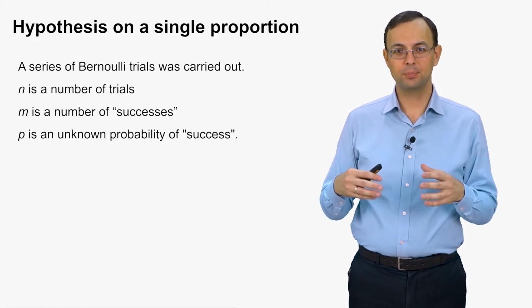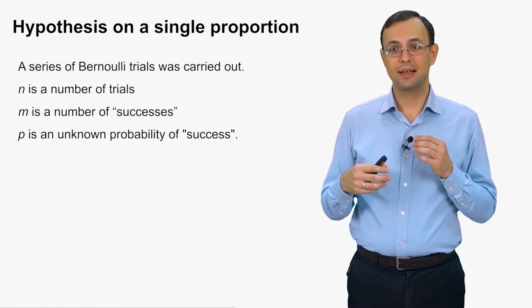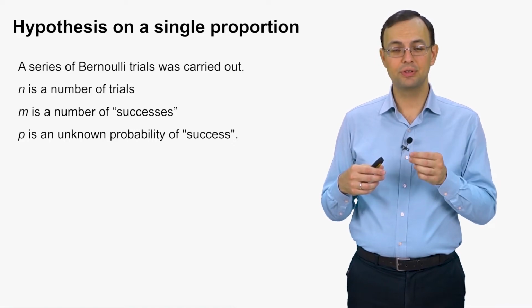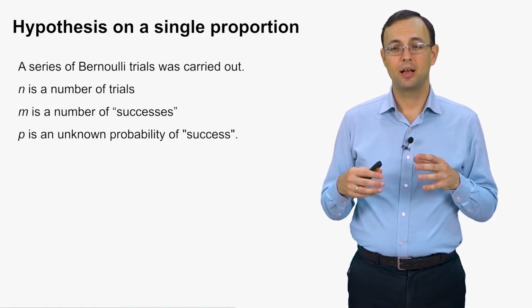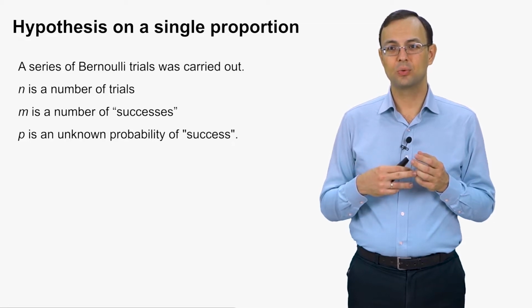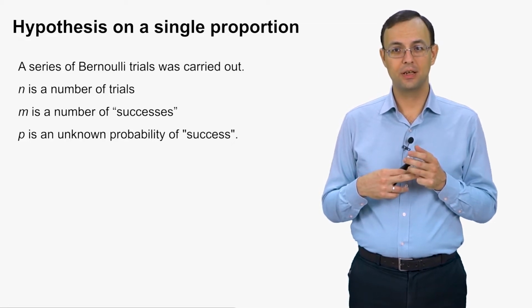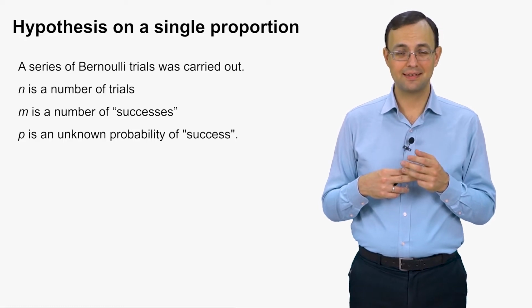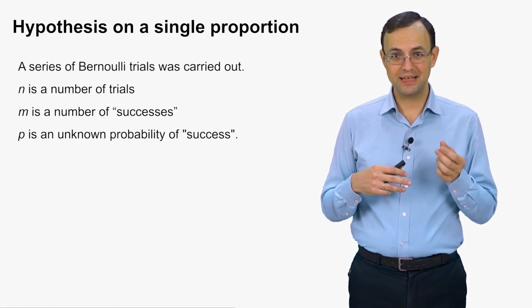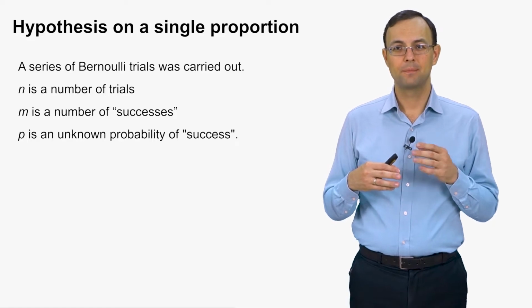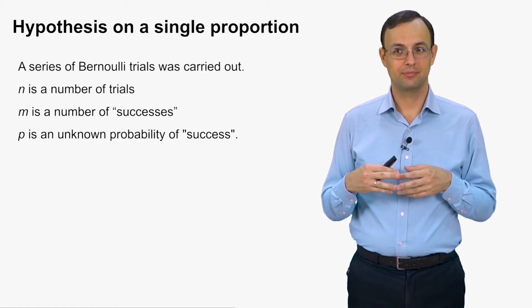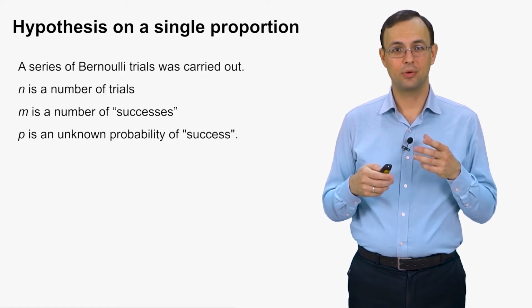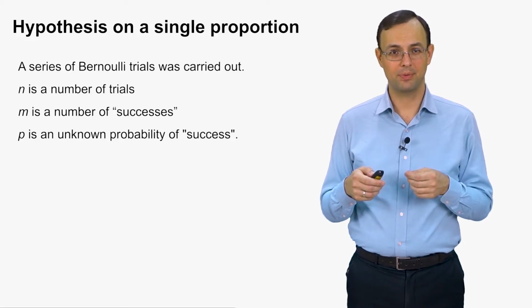So we can interpret what is happening as a series of Bernoulli trials. We know n and m, so we know the number of trials and the number of successes, and we don't know p. We have a hypothesis on the value of p.